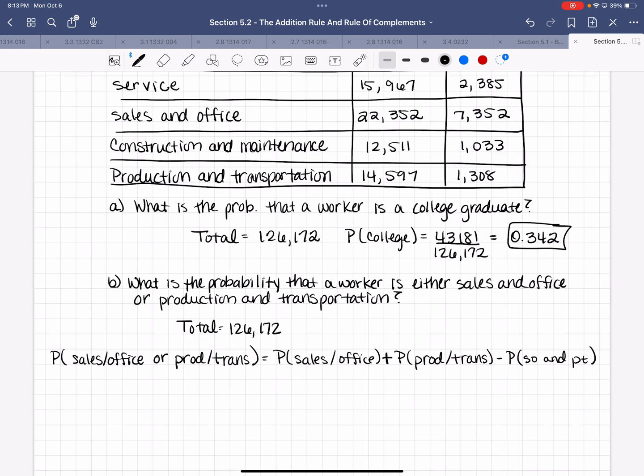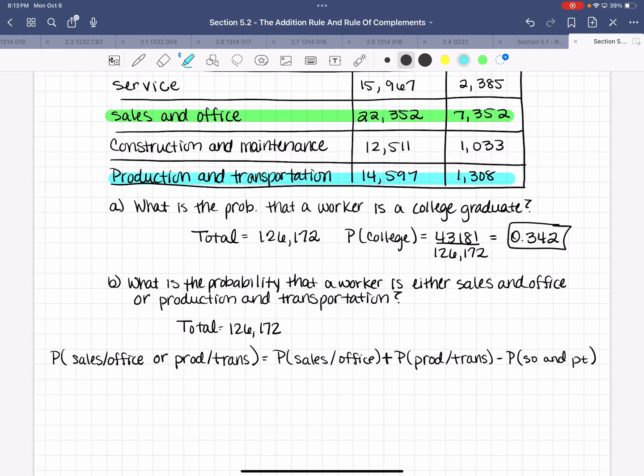The sales office and the production and transportation? No. Because look at your chart. If I'm talking about sales and office, this is green, right? And then I'm talking about production and transportation in blue, is there any number that I highlighted twice?